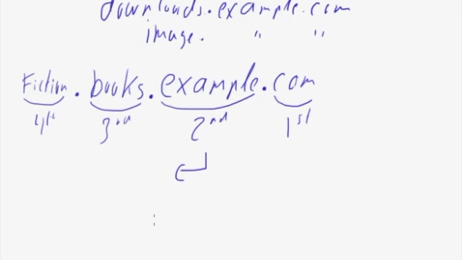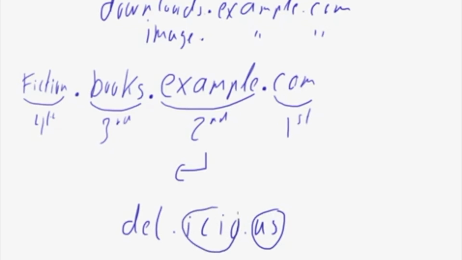Another function you could use subdomains for is to create so-called domain hacks. The most famous of them is this website, del.icio.us. Basically, this is the first level domain, this is their second level domain, and this is the third level or subdomain they did, and together they created that word delicious.